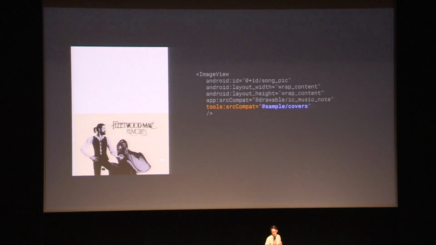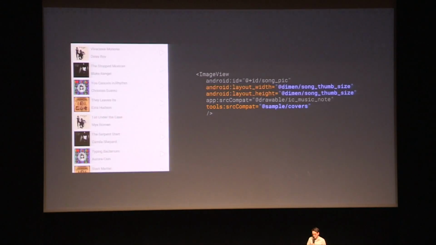But here, it's not looking quite right. Instead of looking like a list of items, it just looks like a big picture. And you quickly realize that I forgot to define the height and width of my image view, and so the image took too much space. And that's something that we very quickly realized at design time while building the layout.